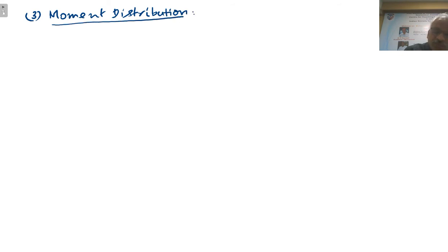Next is the process of moment distribution. For moment distribution, first you have to open out the table. We are going to do it in tabular form.